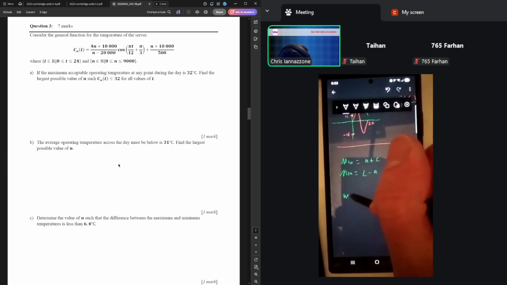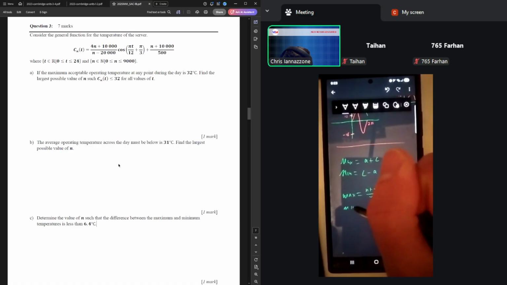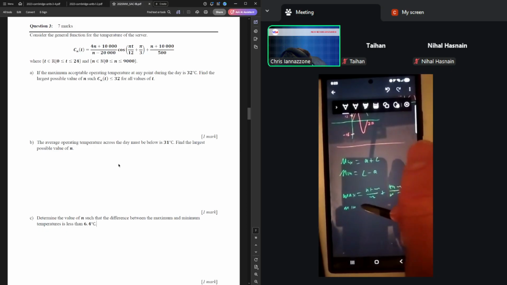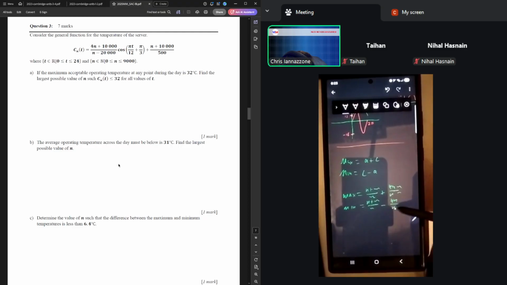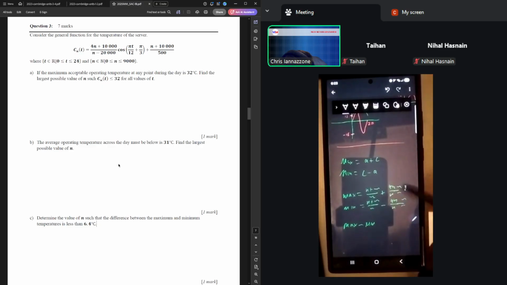Max, let's call it n plus the 4n over n thing. And min is the opposite: n minus the 4n over n. Then you just do max minus min. But because I don't want to think too hard about which of these is positive and which is negative, I'm going to put it in the absolute value signs, which the CAS can do.